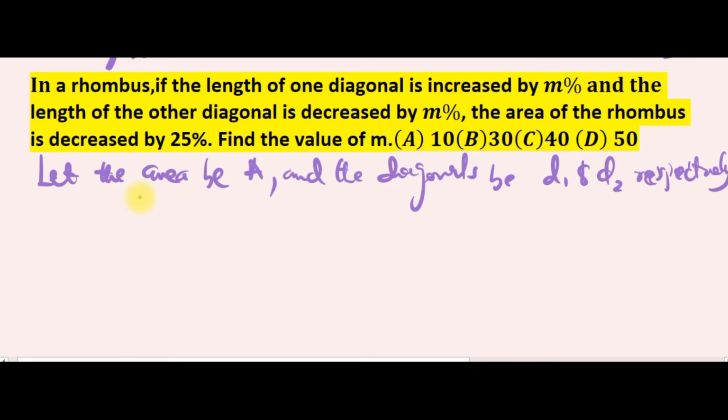So we know that area is always half D1 times D2. That's the area of any rhombus.